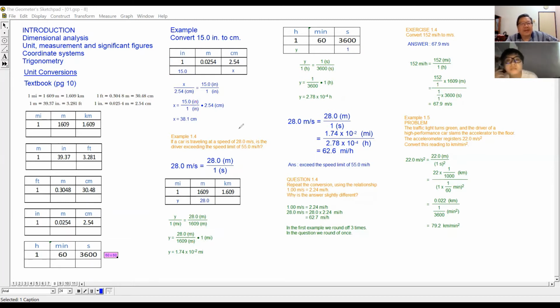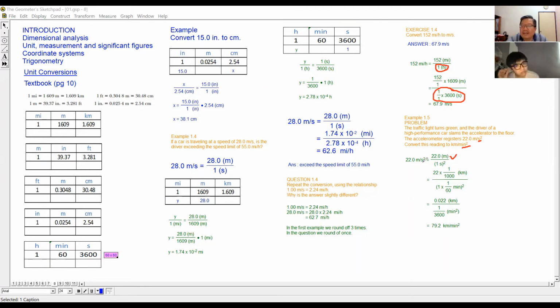Now earlier on, let's say I convert from hour to second. Of course, the top one, there's no square. But now the bottom here is different. It's second square and minute square, right? So I break them up into two parts like what I've done earlier. 22 meter I put at the top, get it ready for conversion.